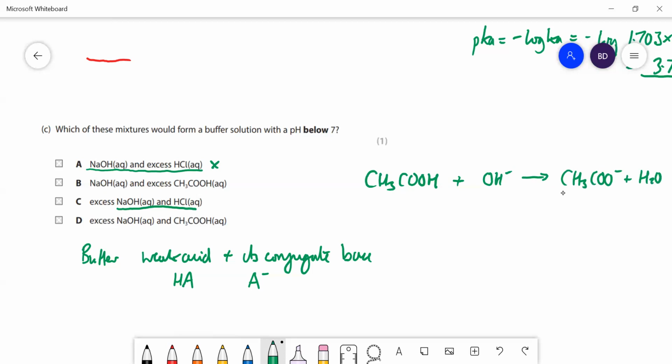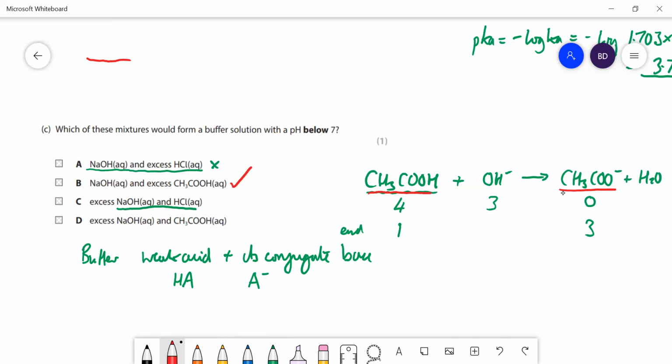Because we've got an excess of this, we have more moles of that than that one. Say we had 4 moles of that and only 3 moles of that, and 0 of that to start off with. At the end, you would have 1 mole of that and 3 moles of that. So you would have a mixture of the weak acid and its conjugate base. So B is the answer.